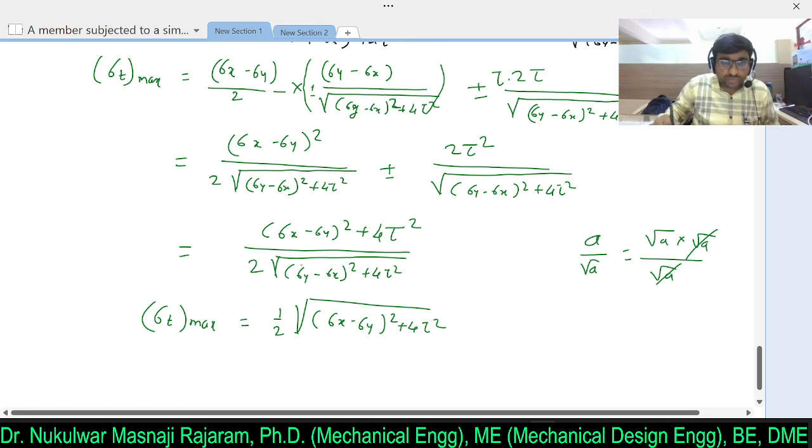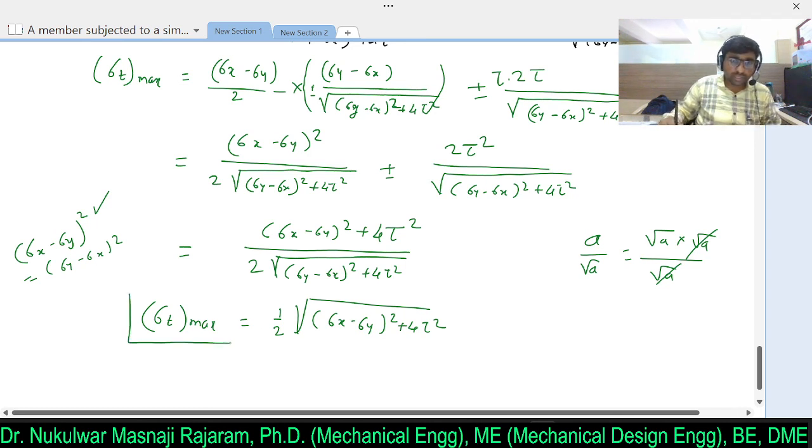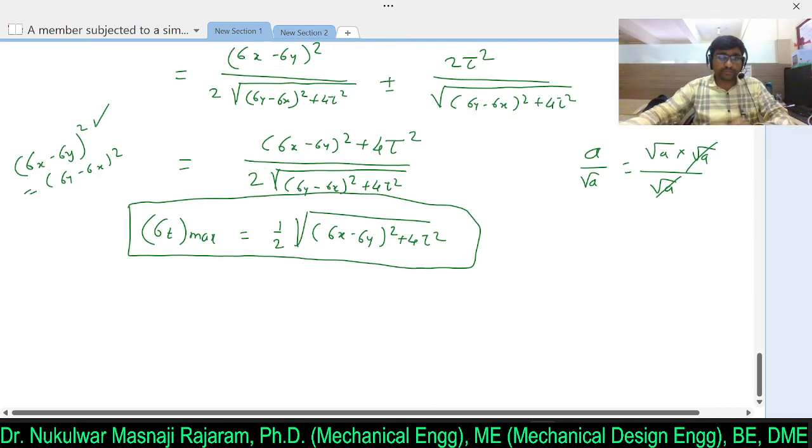Here if you observe, when you write sigma x minus sigma y, it will be negative. Negative square will become positive. So you can write either way. So sigma x minus sigma y whole square will be equal to sigma y minus sigma x whole square, because here negative also comes, so we take the square. So instead of that I am writing sigma x minus sigma y. So here you will get the maximum shear stress acting on the body.